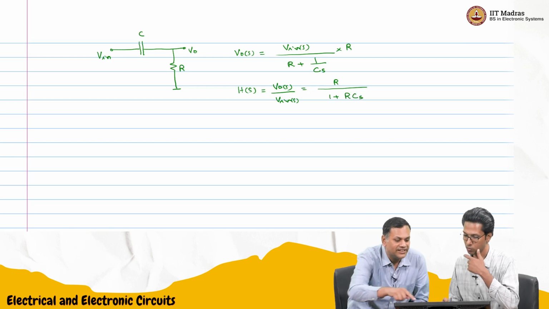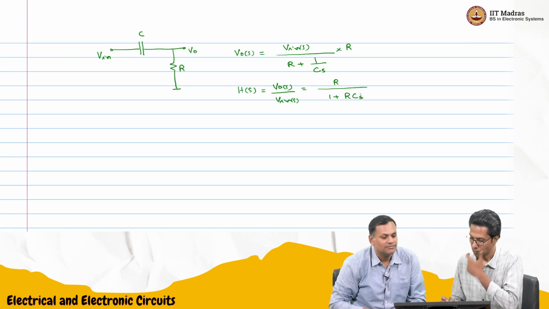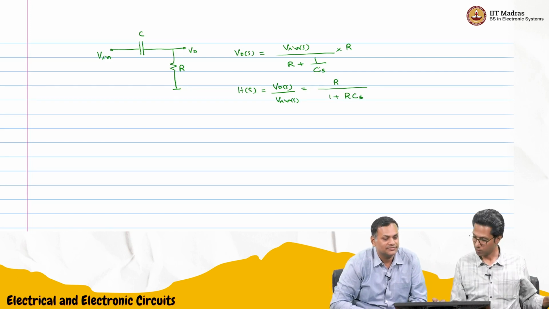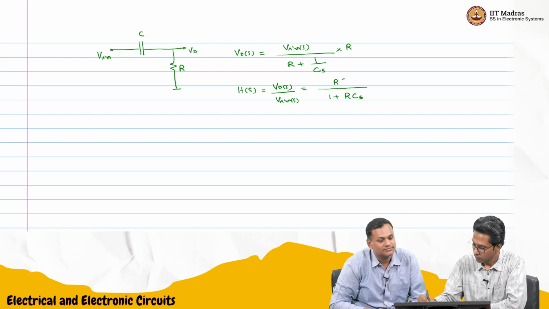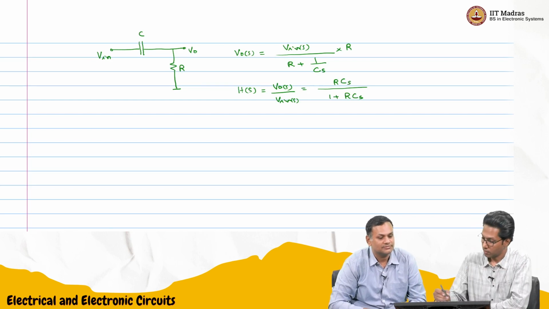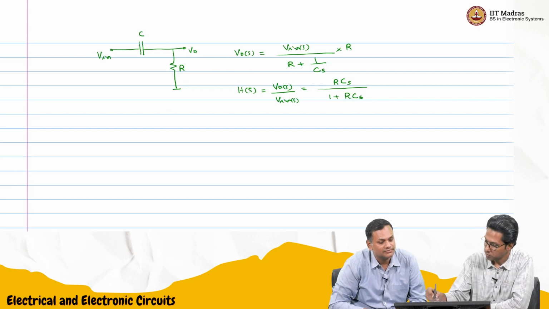Something wrong? Into SC, I think. The denominator will go to 1 plus RCS.